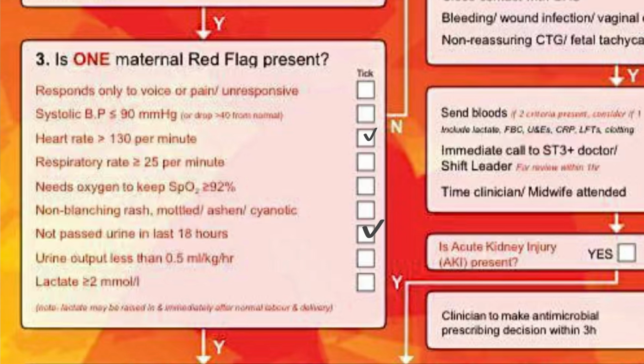Yeah, okay, that's okay. So now you have inquired about the time she had a bladder check, the time she passed her urine, and also how many mils she might have passed. Then you know that this does not qualify. But if you didn't have a good postnatal check, you didn't do a bladder check, you only asked, have you passed urine? Then she was like, yes, I've passed urine.